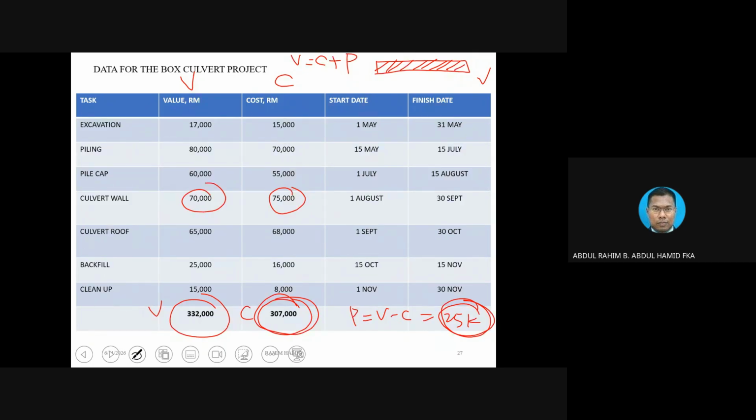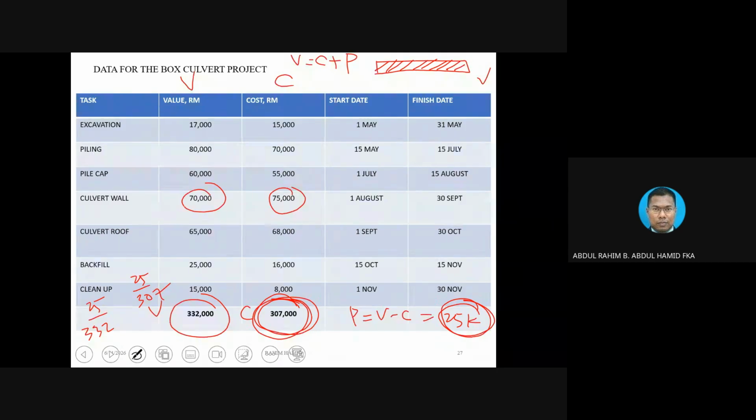Are you going to calculate 25K divided by 332? Or are you going to calculate 25K divided by 307 in order to get the percentage? Okay, remember, contractors normally calculate the cost first, then markup.